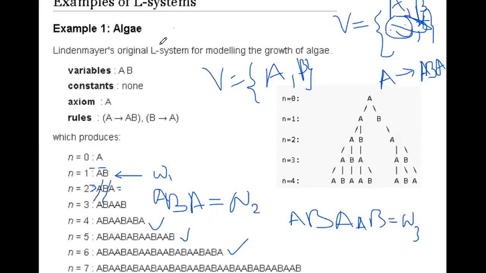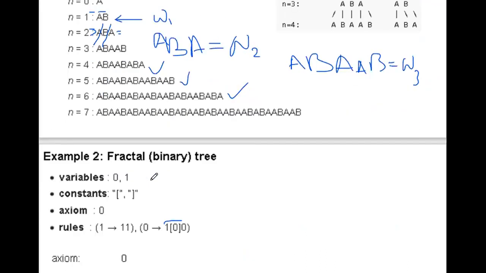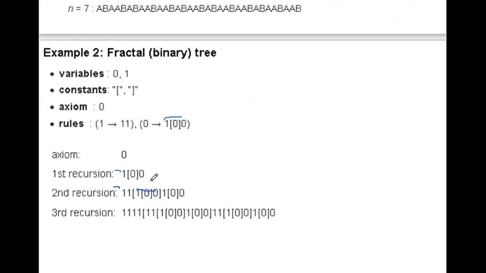So if you have rules with an initial word, then you can generate these words iteratively. Let's look at another example.